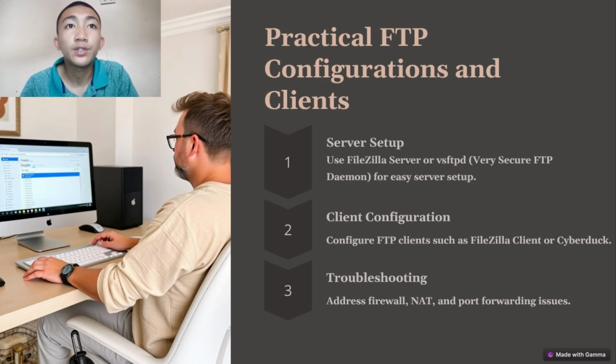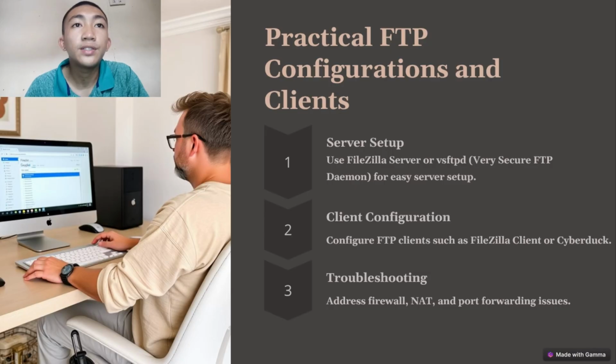A firewall is a network security system that monitors and controls incoming and outgoing network traffic based on predefined security rules, acting as a barrier between a trusted internal network and untrusted external networks, like the internet. NAT, or Network Address Translation, is a process that translates private IP addresses within a local network to a public IP address before sending data packets to the internet, enabling multiple devices to share a single public IP address.